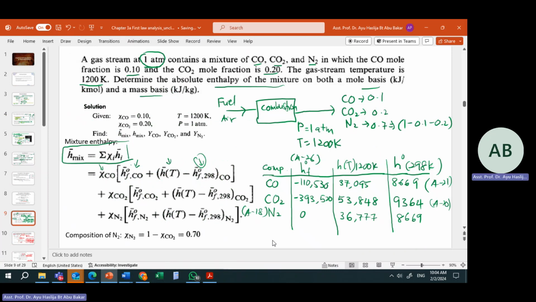Now, after you have collected all the infos, all the values over here, plug in into the equation. Masukkan semua value. So the X over here refers to the mole fraction. So X CO is 0.1. X CO2 is 0.2.